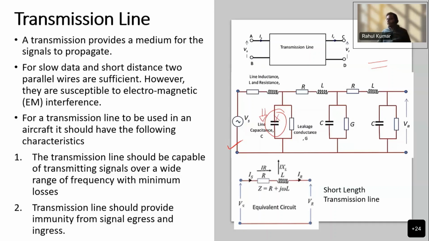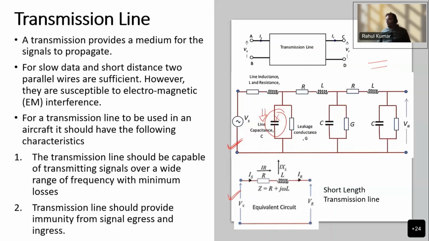So basically this RLC model of your transmission line, you can reduce it to RL, resistance and inductance connected in series.